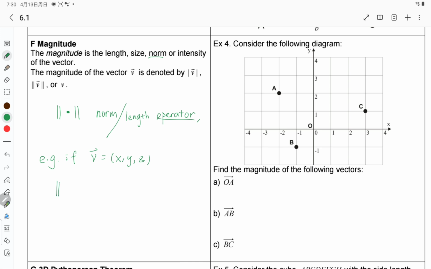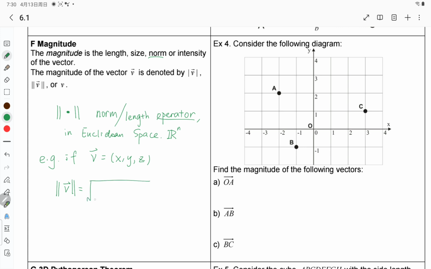So the norm of v would be, in Euclidean space to be rigorous, but in high school we just assume it's Euclidean space, which you can simply think of as R2, R3, or Rn.